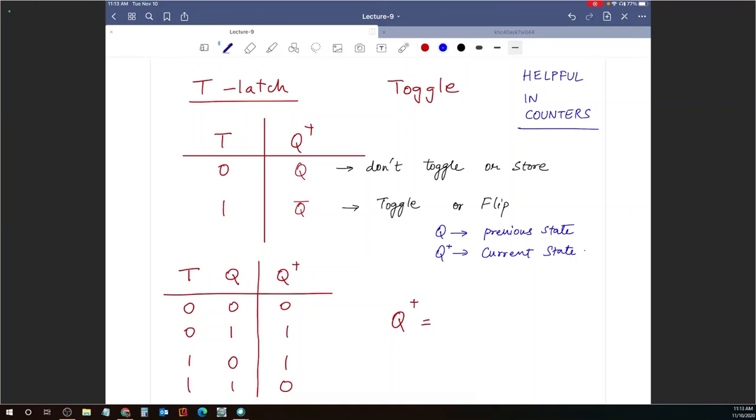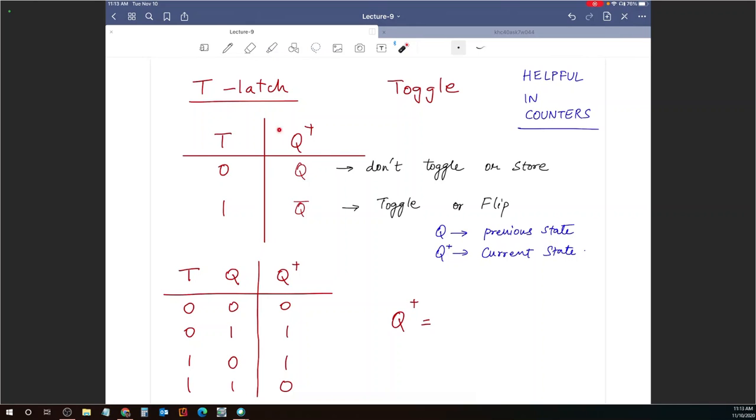Now, can we expand this compact characteristic table into something that includes the possibilities of the previous outputs? You see, when T is 0, my previous state Q could have been a 0, could have been a 1. In the same way, when T is 1, my previous state Q could have been a 0, could have been a 1.